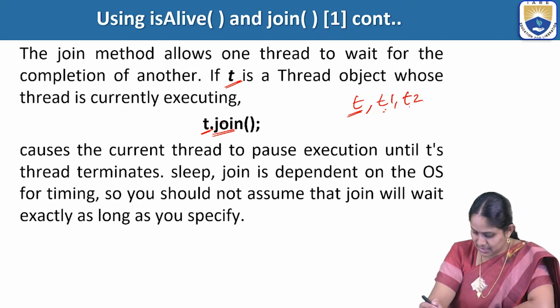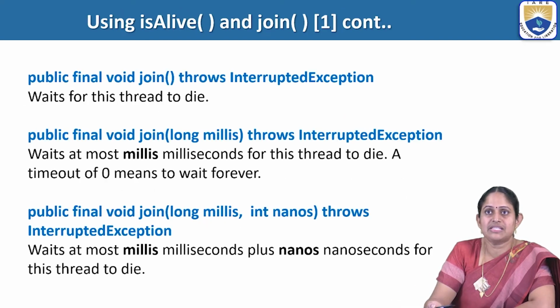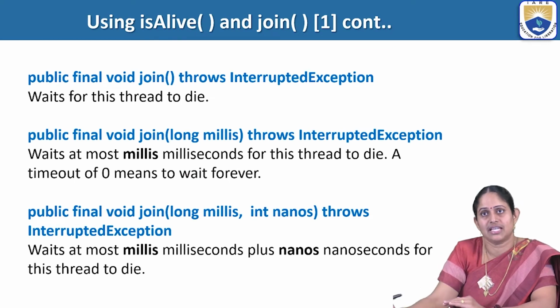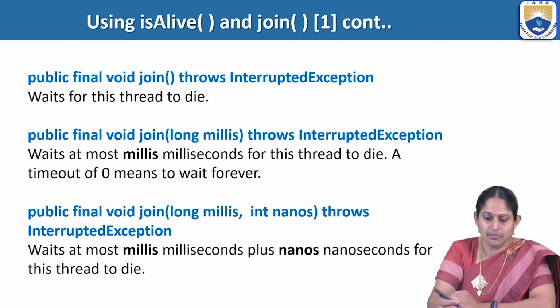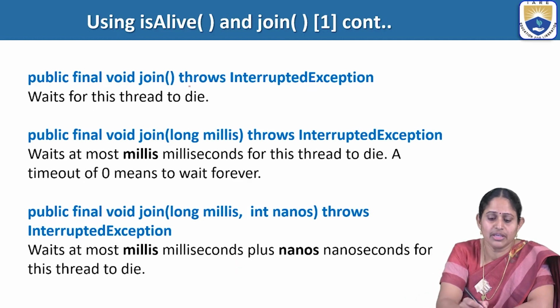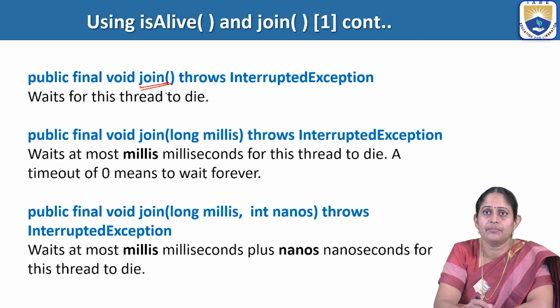Now for this join method we can specify the time limit until which these threads have to wait, by using different variants of join. If we make use of the plain join method, then we are not specifying any time limit.